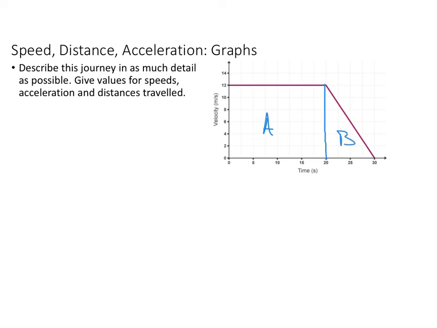For section A, think about the velocity, the acceleration. Remember, saying there's no acceleration is a valid answer. If it's staying at the same velocity, there's no acceleration. And we want to look at the distance travelled.